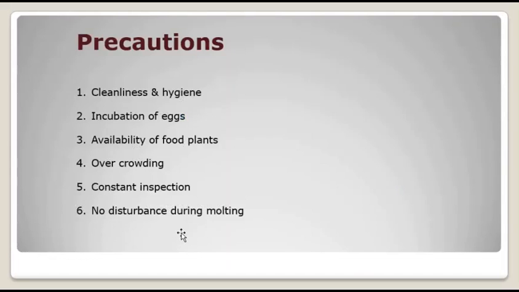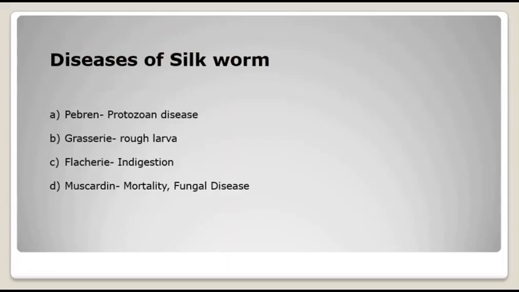In that case again we get less yield, cocoons will be very few, right? So no disturbance should be there at the time of molting. Okay, casting of the cuticle. Let's go ahead and see diseases of the silkworm.